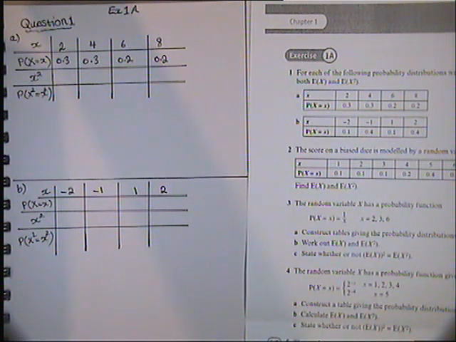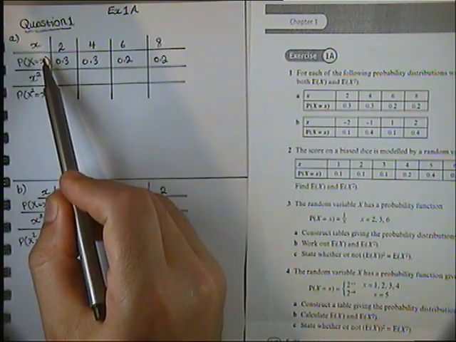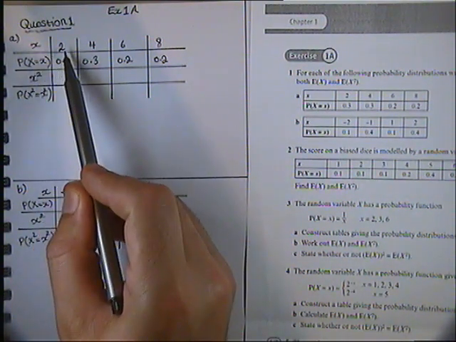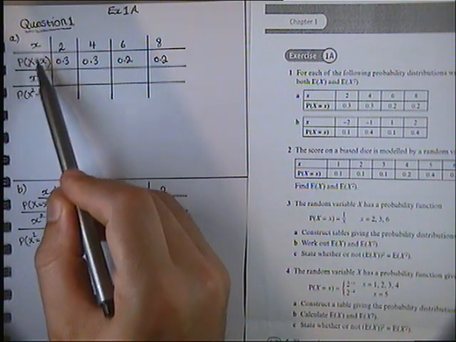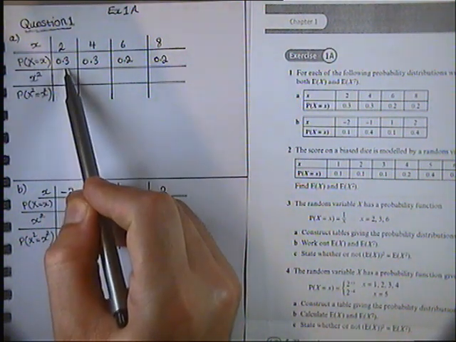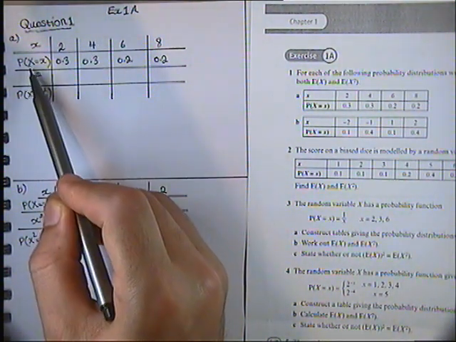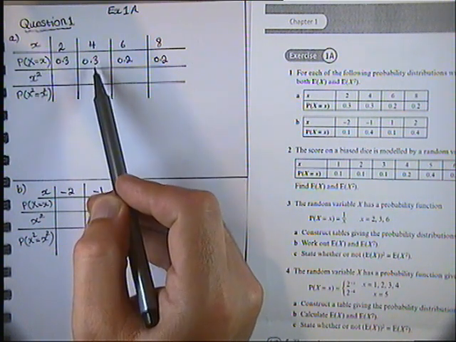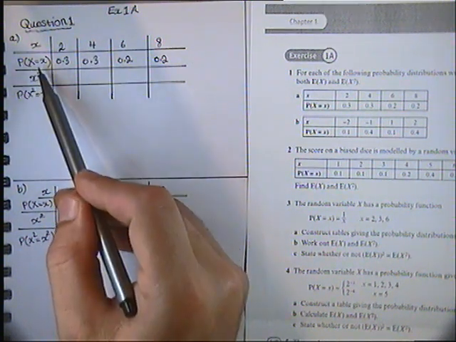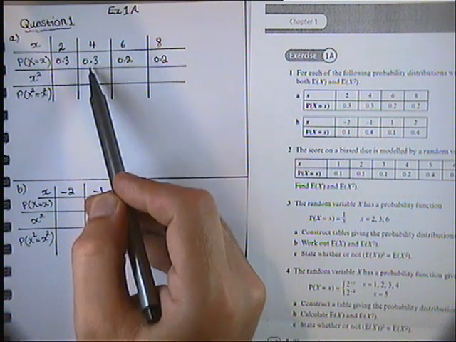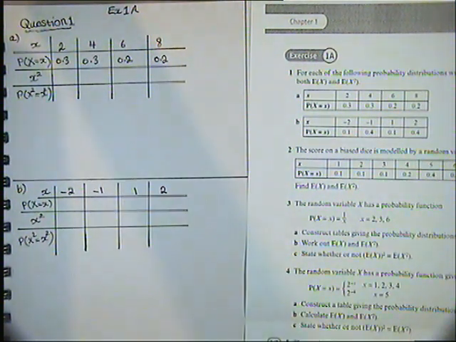So it says the random variable x equals 2. The probability of x equals 2 is 0.3. The probability of x equals 4 is 0.3, and so on.